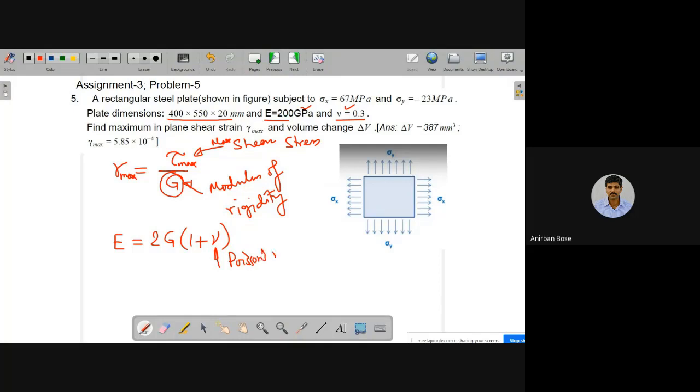So you know Young's modulus, you know Poisson's ratio, and from here first you find the value of G. This is the first step. The second step is to find the maximum shear stress, and then you divide and you will get the answer.